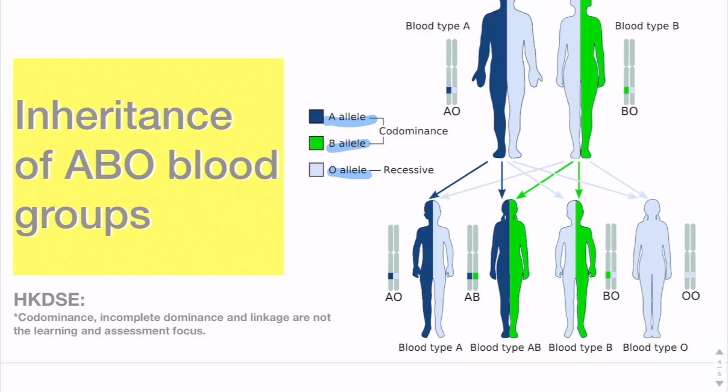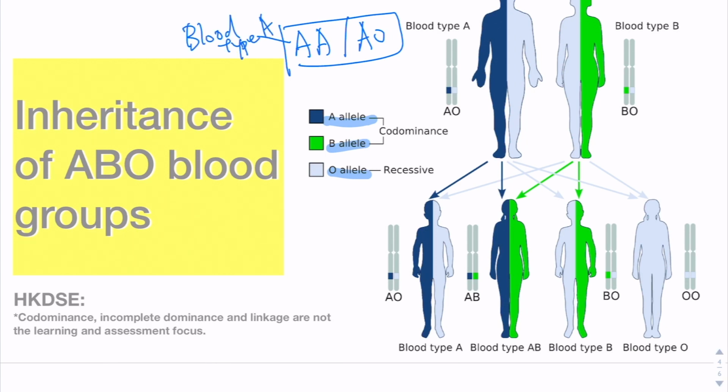Now, if a person's genotype is AA or AO, the blood type will be A. Easy to understand.